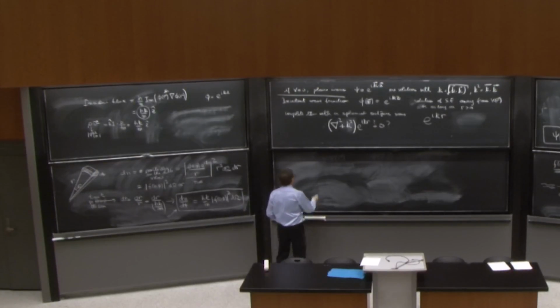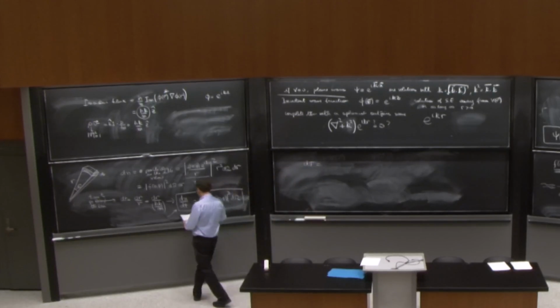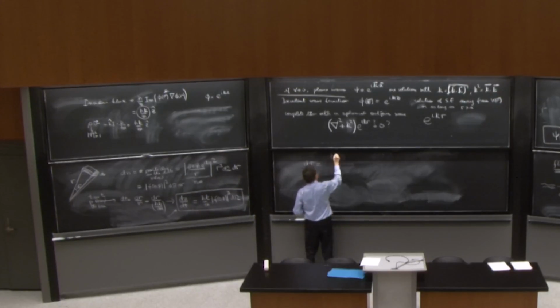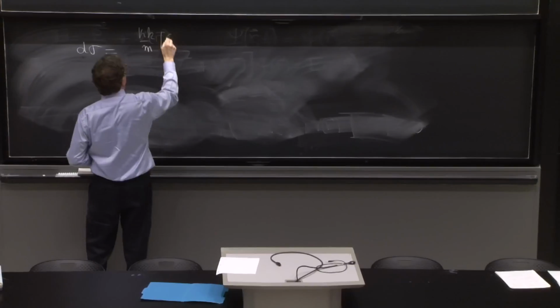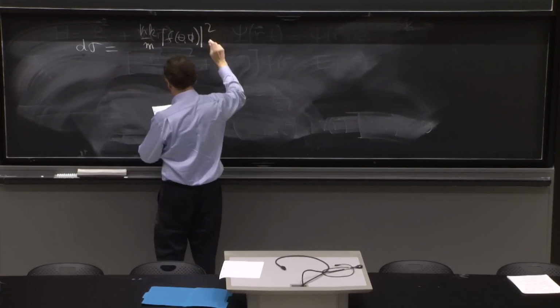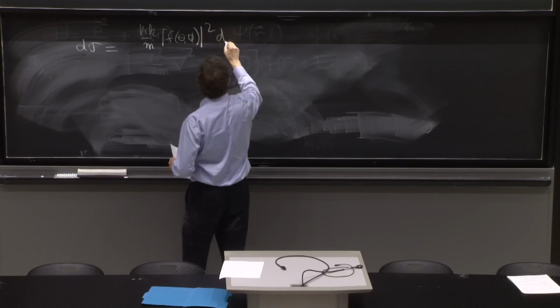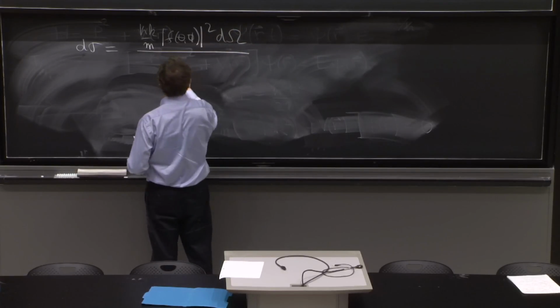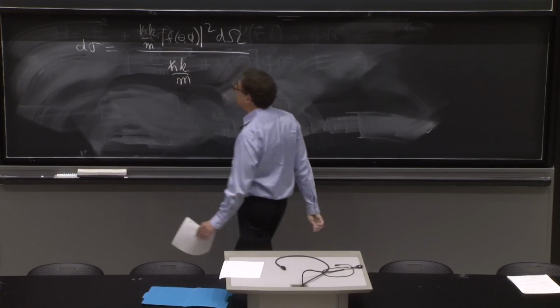We get d sigma is the numerator there, which is h bar k over m f of theta phi squared times d omega, over h bar k over m, which is nice.